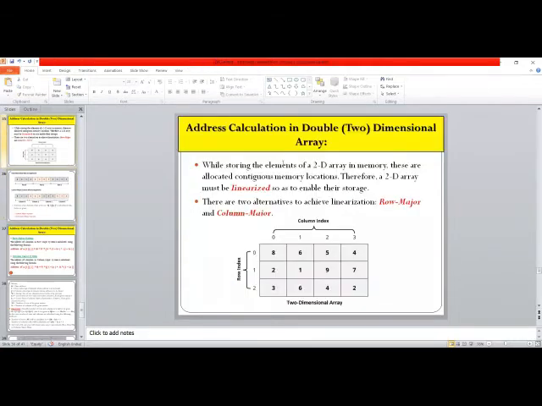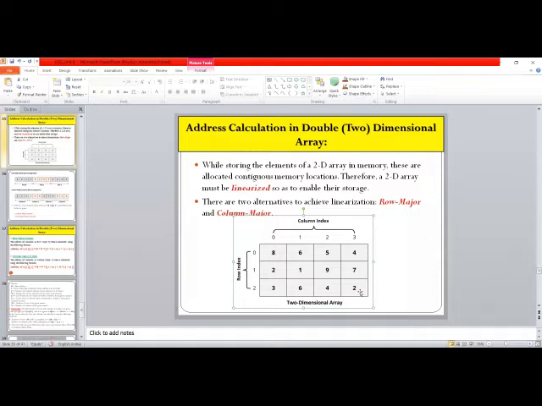Now revisit this figure. These elements are stored like 8654, 2197, 3642. If we are following the row major implementation of this array, then elements will be stored row wise.